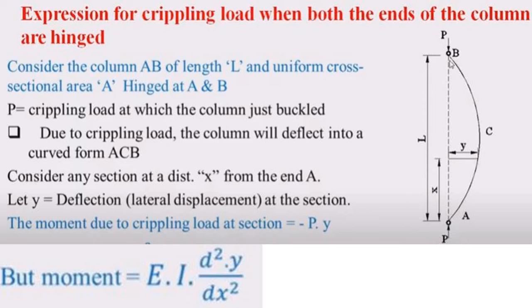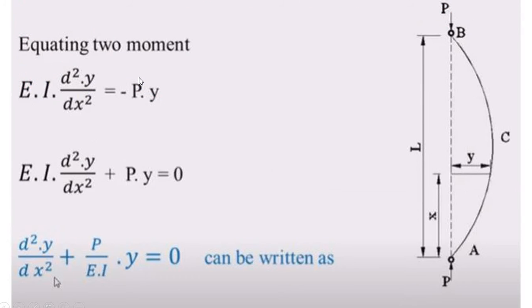Mathematically, we have the equation for moment, which is equal to EI d square y by dx square. Now we can equate the expression for moments. So EI into d square y by dx square equal to minus P into y.